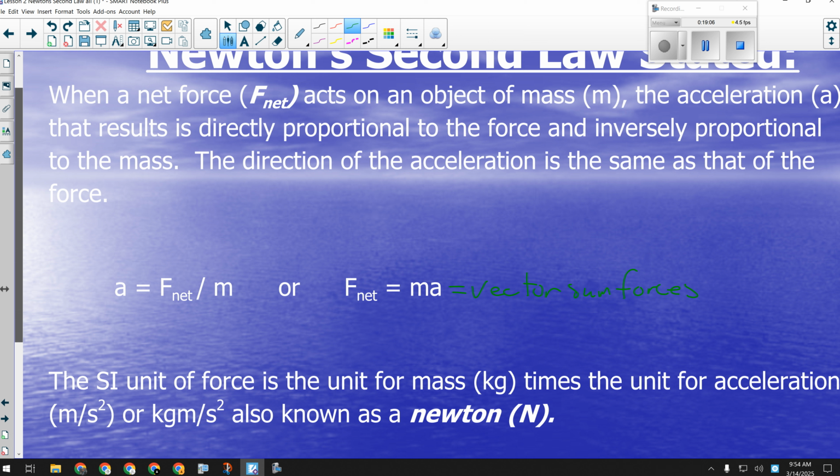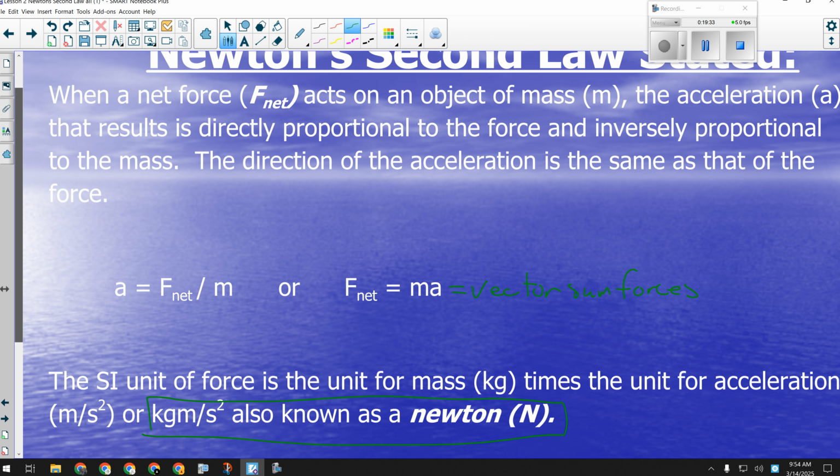Because Newton did so much for the science of physics, he got the unit for force named after him. So a kilogram meter per second squared is also known as a Newton. You don't have to write kilogram meters per second squared on a quiz or on an exam. If you write newtons, just capital N, I'm good with that.